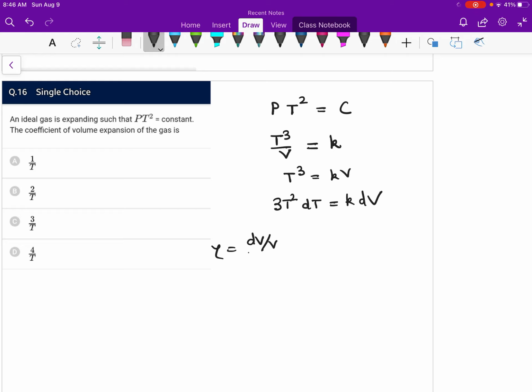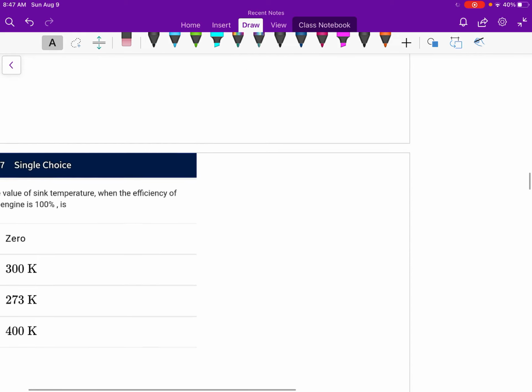Now gamma is the fractional change in volume per unit rise in temperature. So dV by dT is 3T square by K, and 1 by V, we see that 1 by V is K by T cube. So this is 3 by T. So C is the correct option.